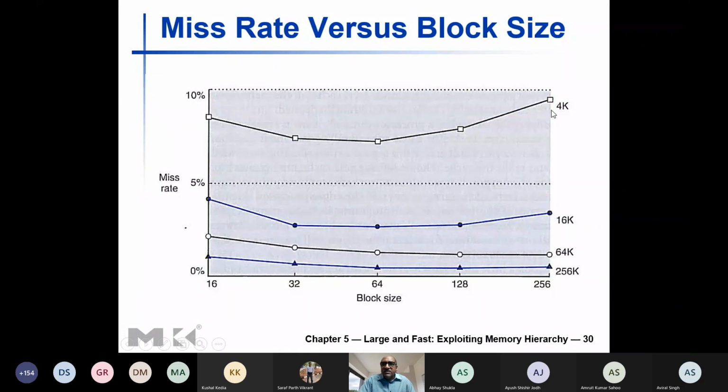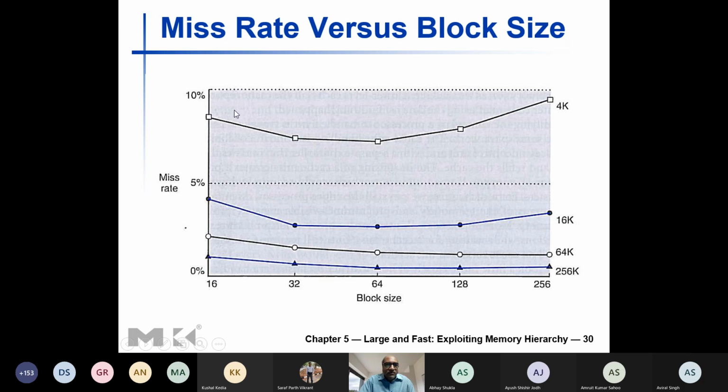A cache size of 4 kilobytes is a small cache, and a cache size of 256 kilobytes is a larger cache. Here we have considered four different caches: 4 kilobytes, 16 kilobytes, 64 kilobytes, and 256 kilobytes. You vary the block size from 16 bytes up to 256 bytes, and you can see how the miss rate varies.